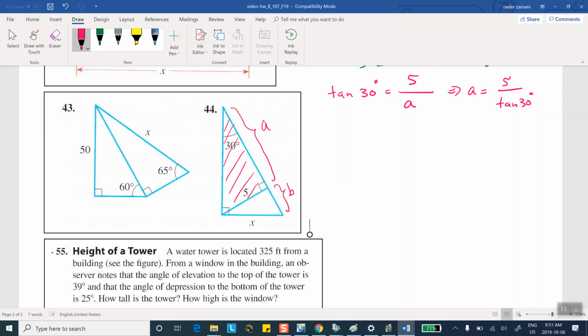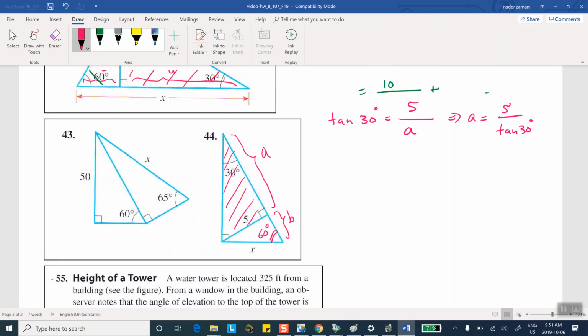Very good. Now, the other thing is that this angle, we know what it is. This angle is 60 degrees because the sum of the angles in a triangle adds up to 180. So if you look at the big triangle here, this is 90, this is 30, this must be 60.